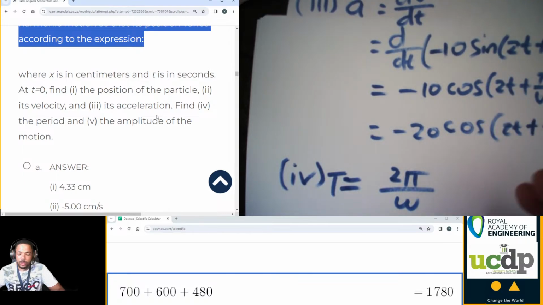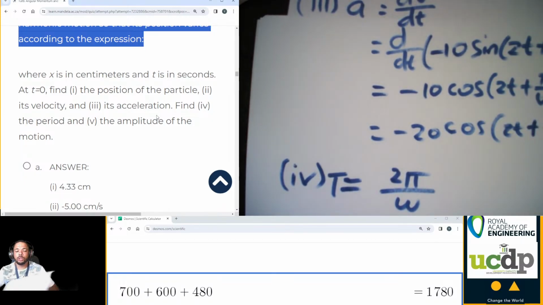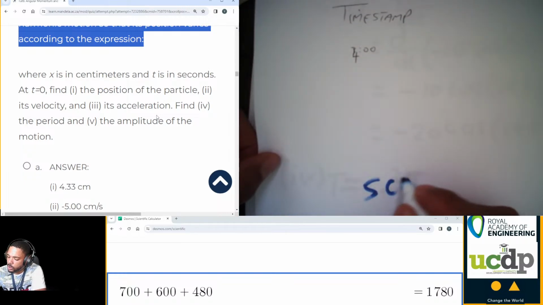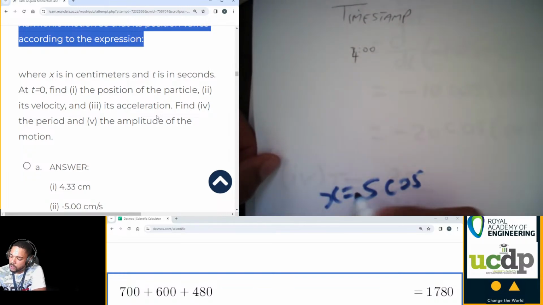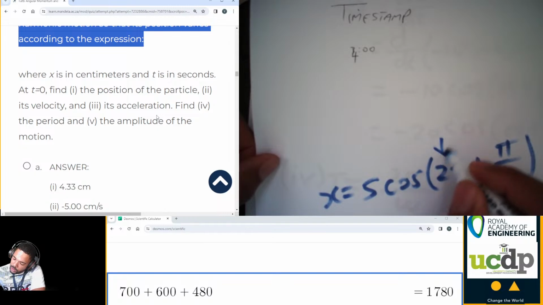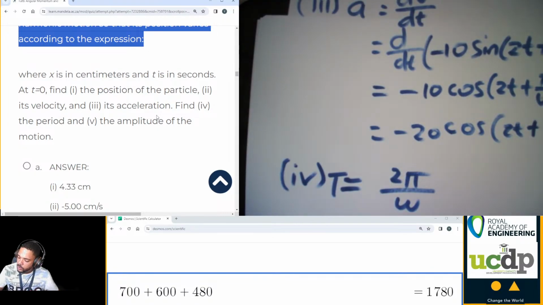Remember the original expression: x equals 5 cosine of (2t plus pi over 6). So this here is the angular frequency, 2. So the answer is pi.